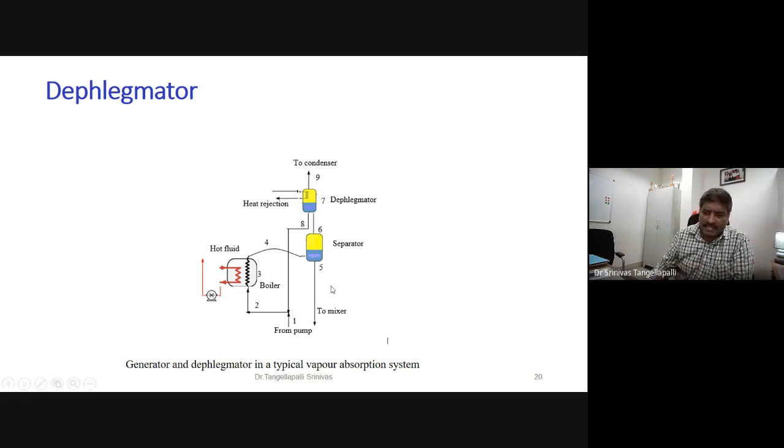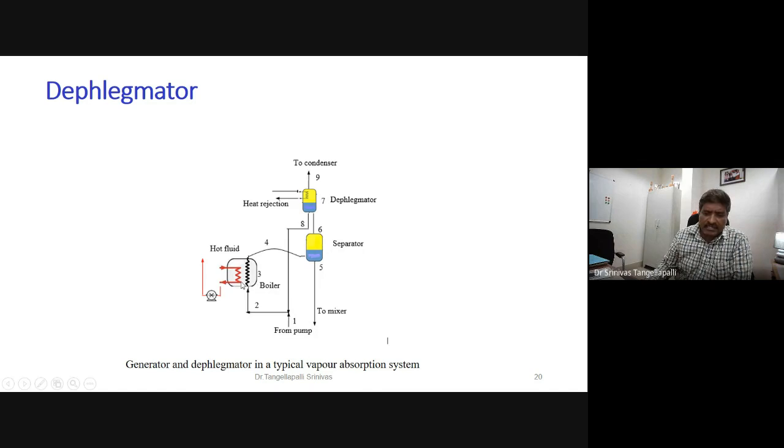After this separator, let us say at state 6, it enters the rectifier instead of straight away entering the condenser or turbine. In the rectifier, what is happening? I think these components you are already aware of, boiler and separator. In the boiler, what is happening?